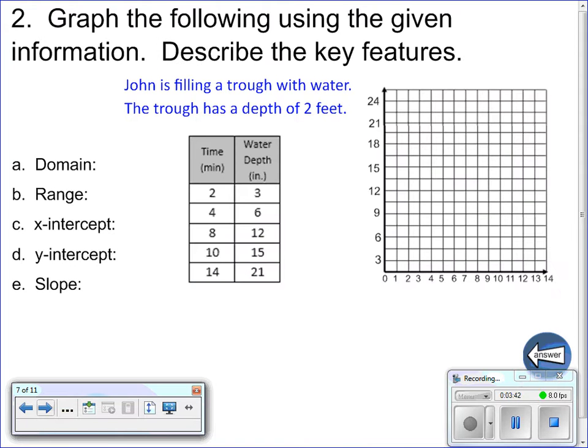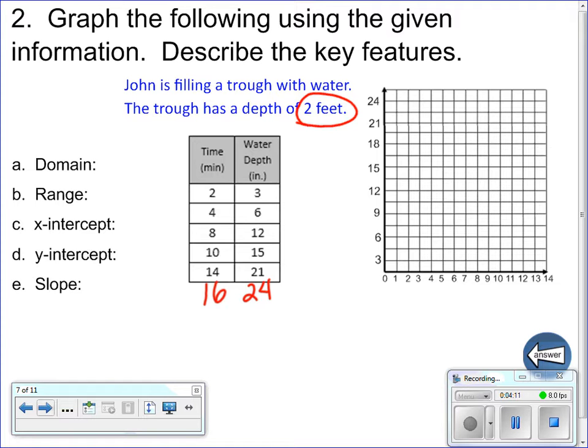Graph the following using the given information and describe the key features. John is filling a trough with water, and the trough has a depth of 2 feet. Okay, so that's telling us our range can only go up to 2 feet, because that's the depth of it. I can see from my table here that I don't have the 2 feet, so I know it goes up to there, so I'm counting these and using my slope to figure that out.